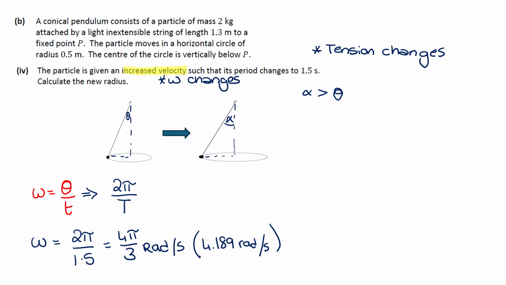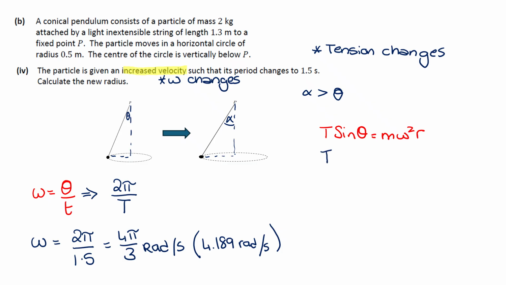So we've got our omega, and we're trying to get our new radius. If we go back to the formula we had in the last part, that was T sine theta is equal to m omega squared r. We have T, which we don't know.